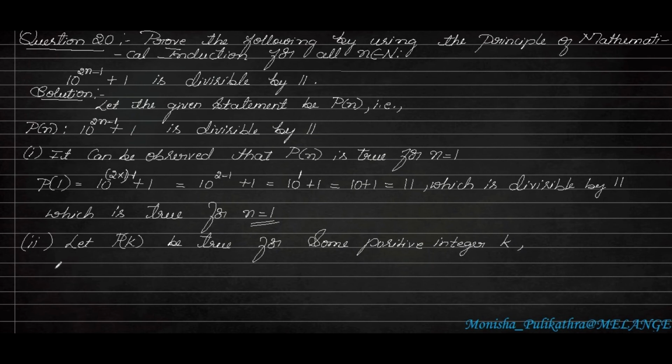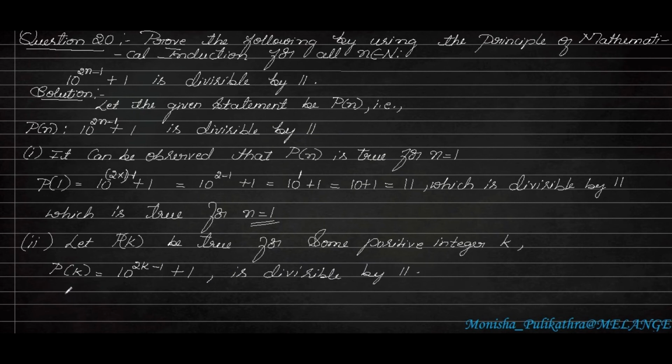So P of k is 10 to the power of 2k minus 1 plus 1, where in the place of n we take k, and this is divisible by 11.